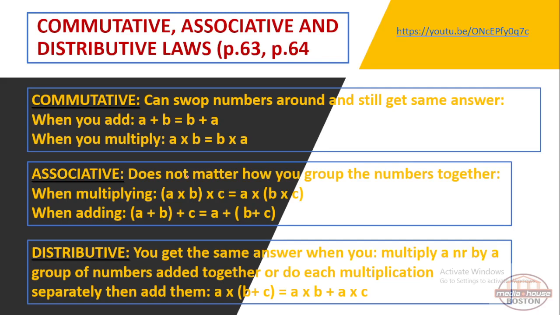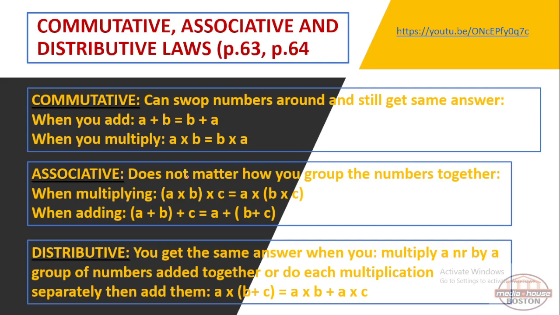So in terms of the laws that are used in mathematics, we've got the first type of law, which is called the commutative law. The commutative law says that you can swap numbers around and still get the same answer, but only when you are adding or only multiplying.